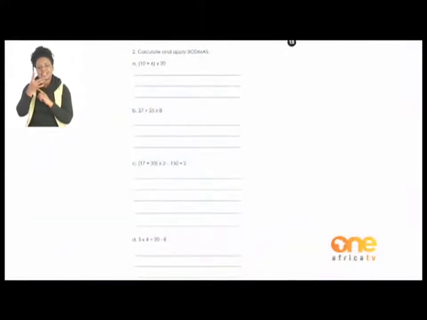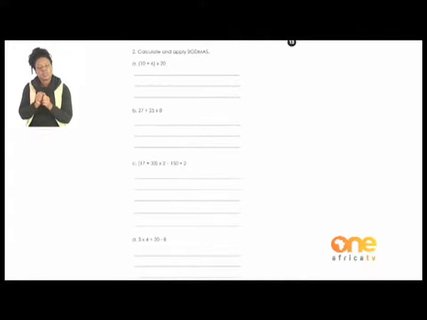And then on page 13, our activity continues. Here it says calculate and also apply BODMAS. Number A, in brackets, 10 plus 6, times 20. Number B, 27 plus 25 times 8.